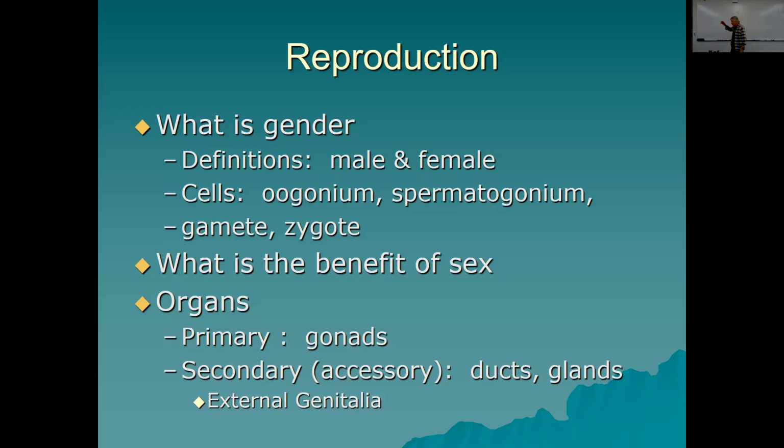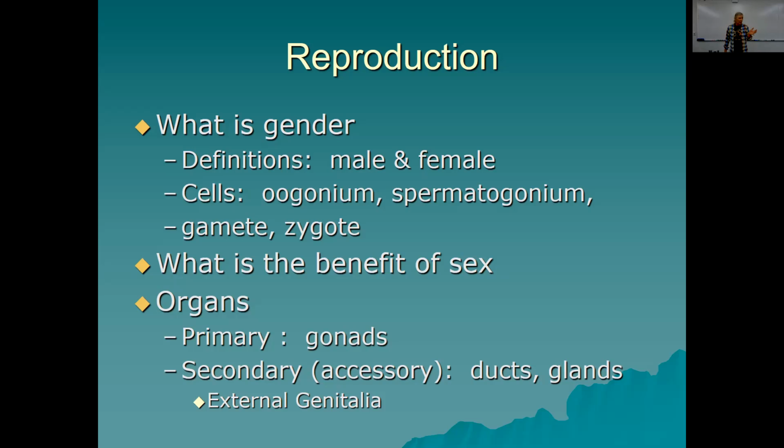So first of all, we've got to talk about what is gender. And that's a good question, but it really isn't. It's mating types. We're obligate sexual organisms, and we have two genders, obviously male and female. But what are the definitions of those things?